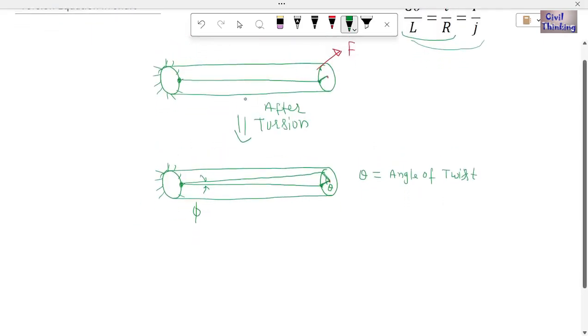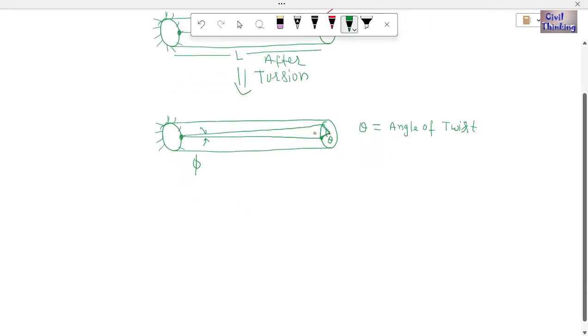Let us say the length of the shaft is L. We will divide this into two parts. First of all, you are going to see a triangle-like shape, although this one is curved.